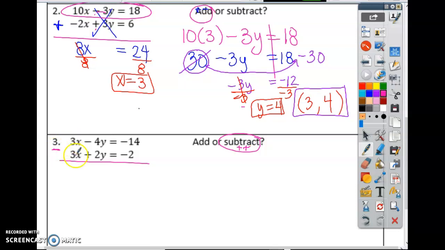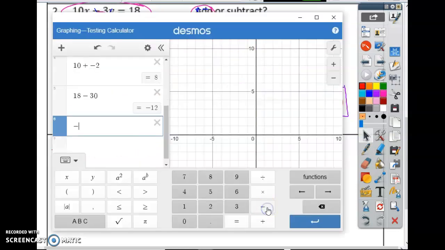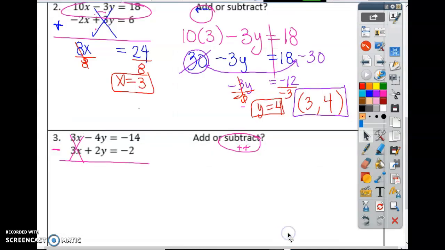3 minus 3 cancels. Negative 4 minus 2, put it in decimals. Negative 4 minus 2 gives you a negative 6. That's negative 6y.